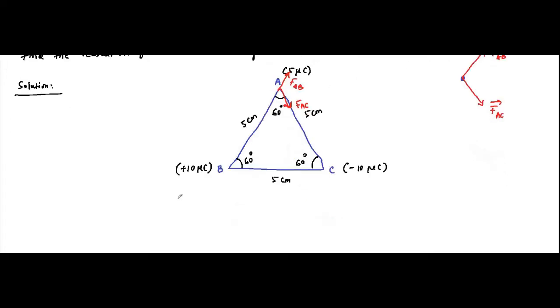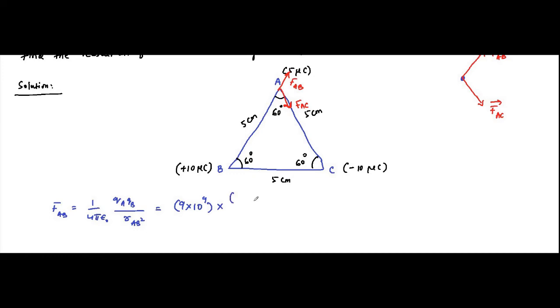So FAB here equals 1 by 4 pi epsilon 0 QA QB by RAB whole square. So it is 9 into 10 to the power 9. Remember, 1 by 4 pi epsilon 0 is equal to 9 into 10 to the power 9. Always remember this.